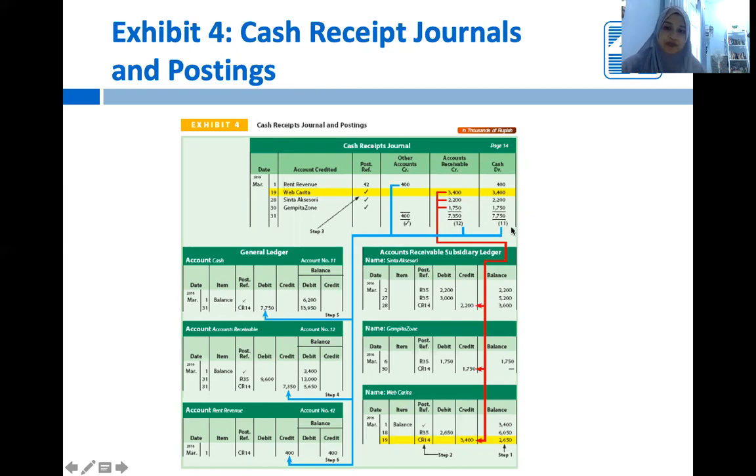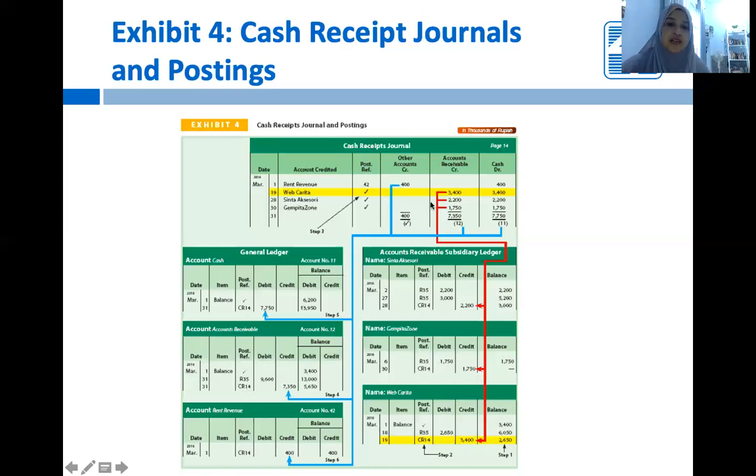Here we have the column for cash total. Then we post to the general ledger account cash. And don't forget to provide the posting reference, which is CR14 in this case, referring to cash receipts journal page 14. And then we post to accounts receivable credit to update the balance of accounts receivable, and we also provide the reference posting.